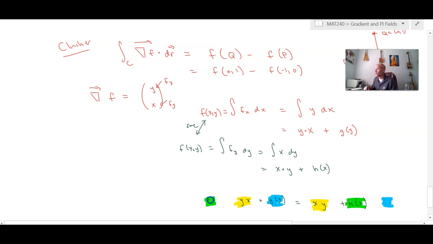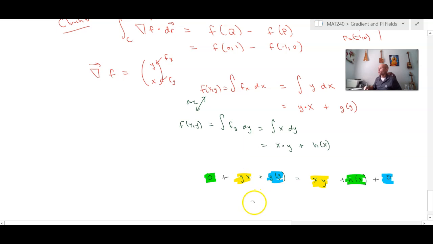Since we're doing a definite integral, we'll just say h of x is 0, and we'll say g of y is 0. That way, notice that the two sides are entirely equal to one another. In conclusion, f of xy is going to equal x times y.